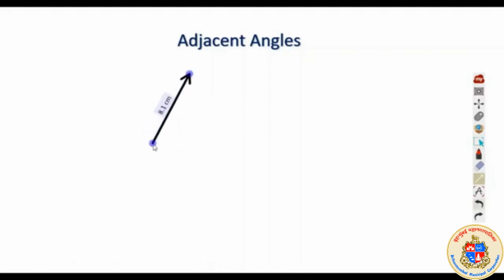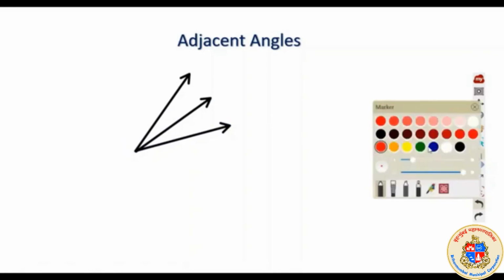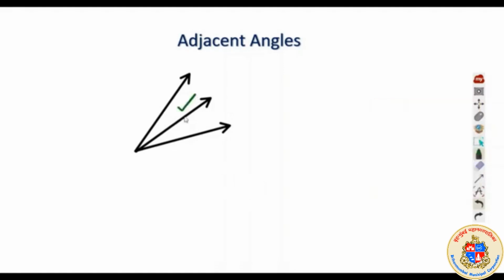Just to remind you, I will roughly draw it over here. Here is an angle and one more angle from the same vertex and having a common side. This is the common side. This makes these two angles adjacent angles. Understood? That was one thing you learned in the last class.